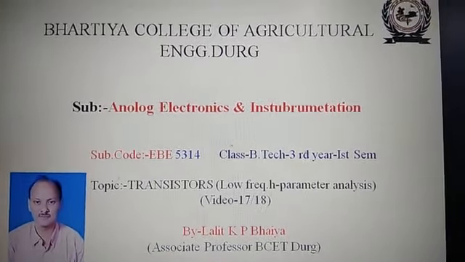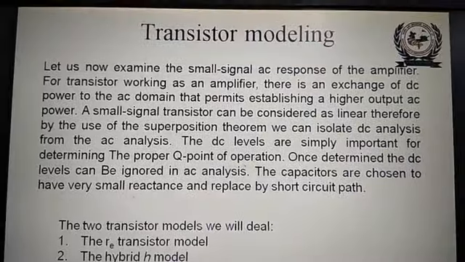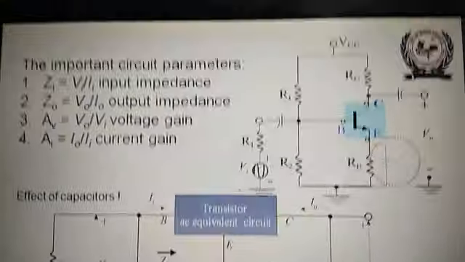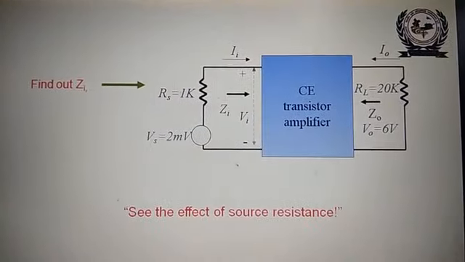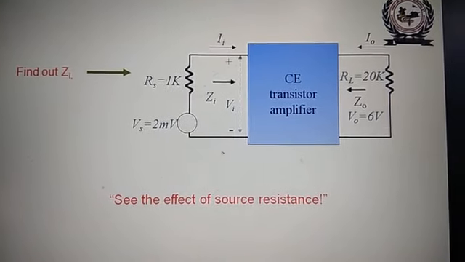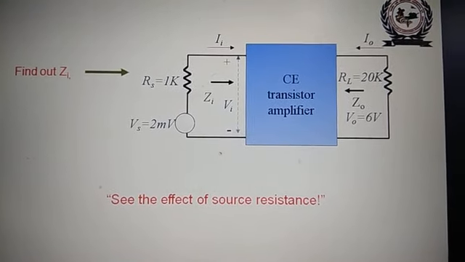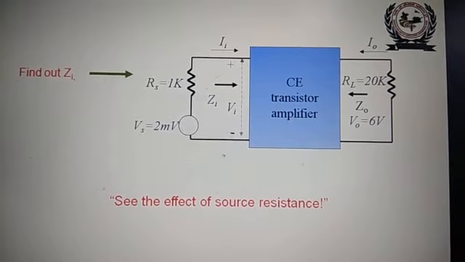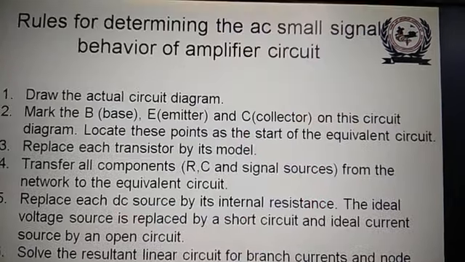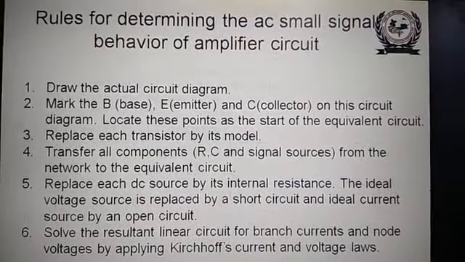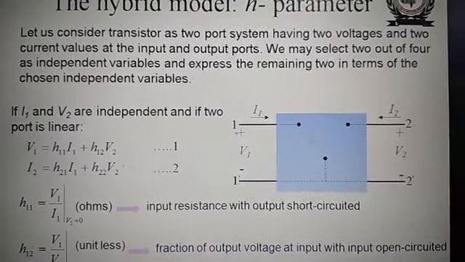We have seen the four types of H parameters. This is the circuit diagram, the model of a transistor amplifier, and using this model we have determined the four H parameters.